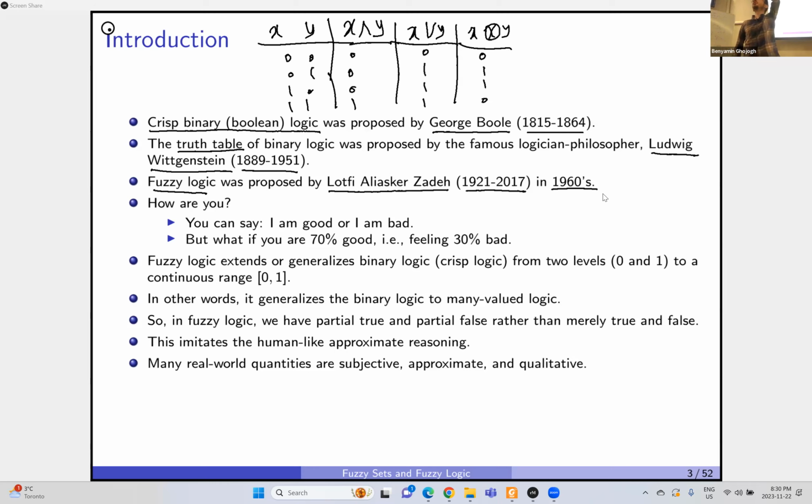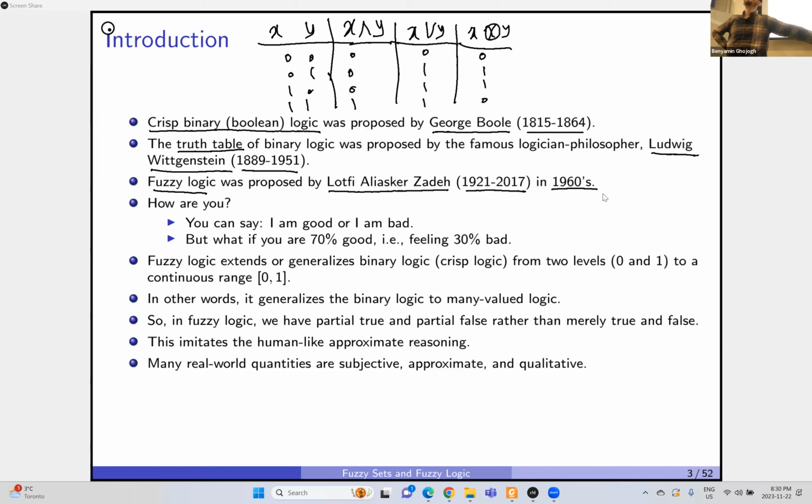Then they moved to the US, he or his family, I don't remember. I think he went to the US for PhD studies, and then he became a professor at the University of Berkeley.